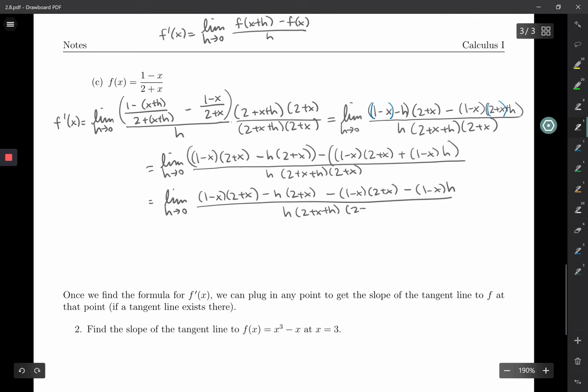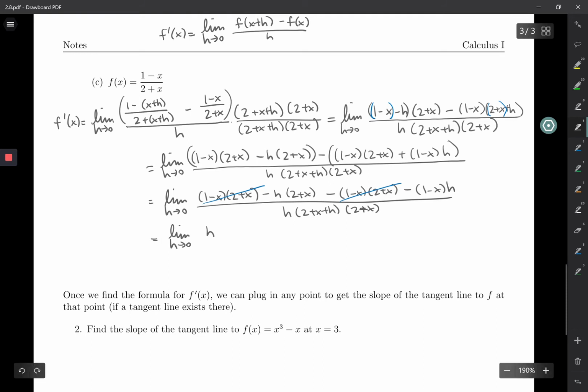Okay, so what we did was basically we multiplied things out partially. We didn't go all the way. And if we do this, we can see that we get a 1 minus x times 2 plus x, and we get a negative 1 minus x times 2 plus x. So these guys will cancel, right? And then we have these two terms left, and each of them have an h in them. So we can go ahead and pull out an h from each term.